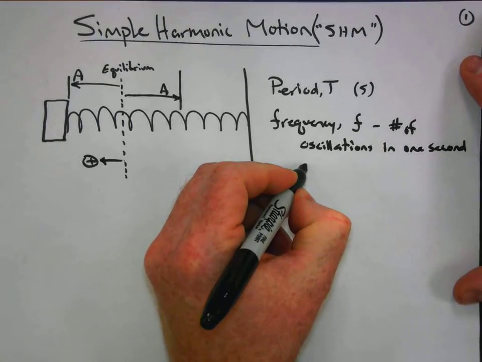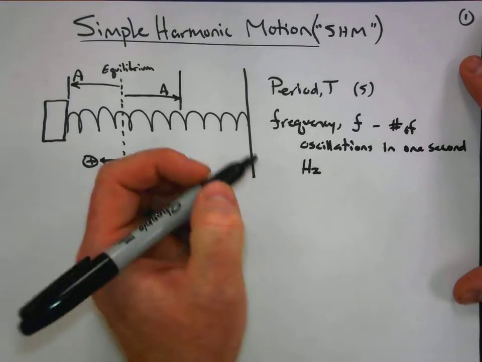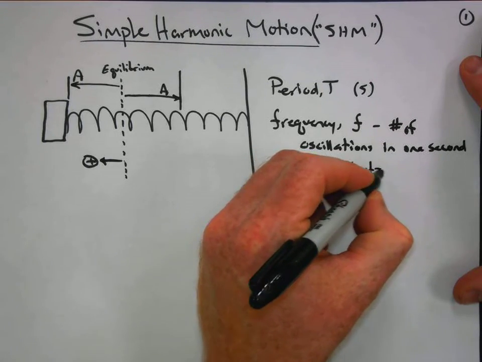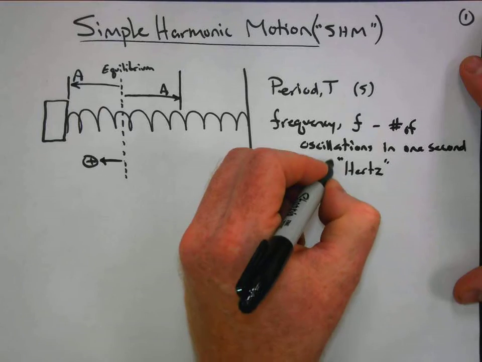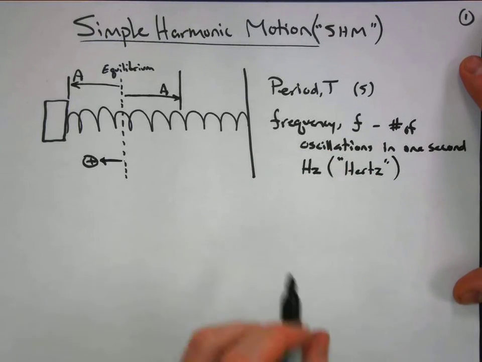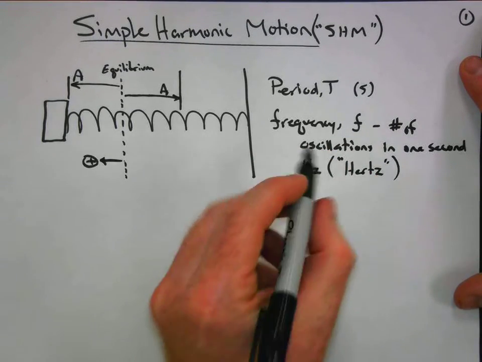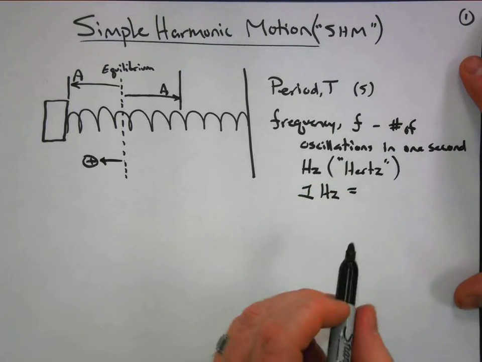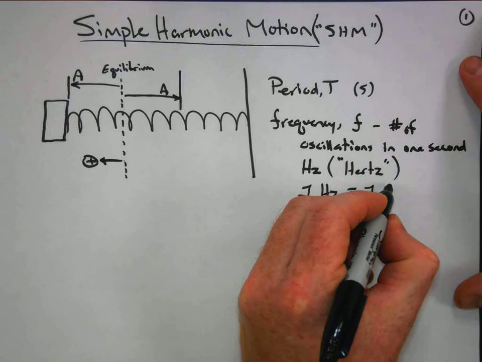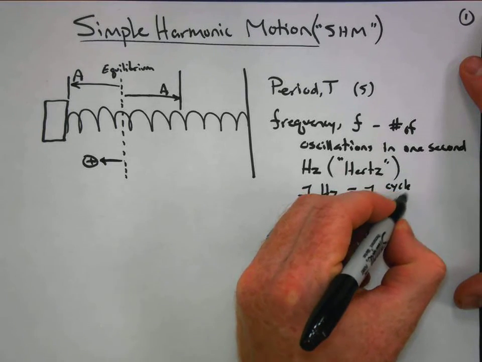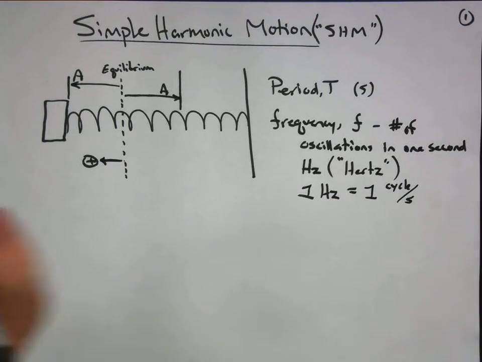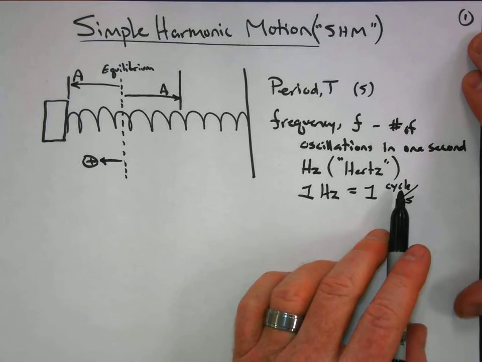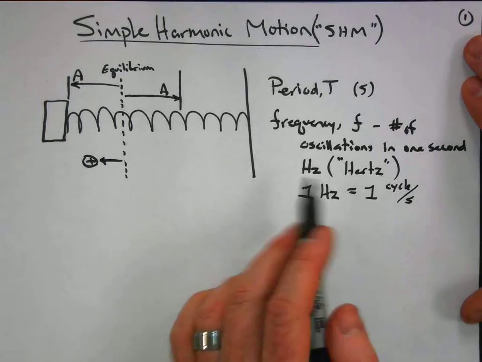And the units here will be called hertz, named after this guy. And so 1 hertz is the same as 1 cycle or 1 oscillation per second. So there really aren't any units up here. It's just 1 trip there and back every second.